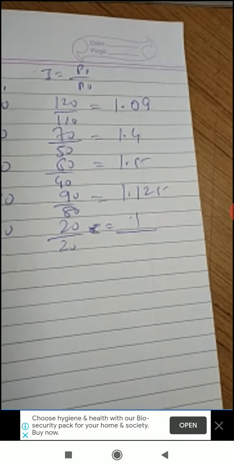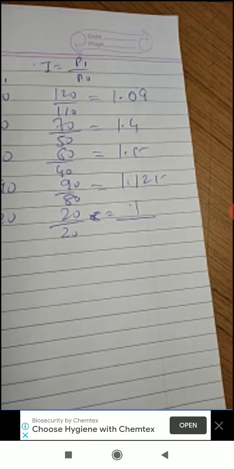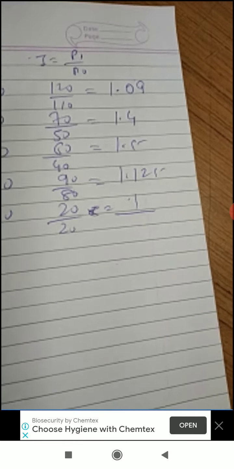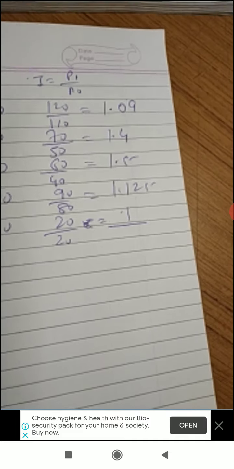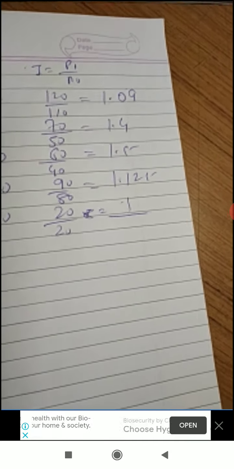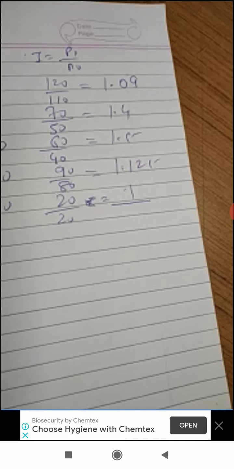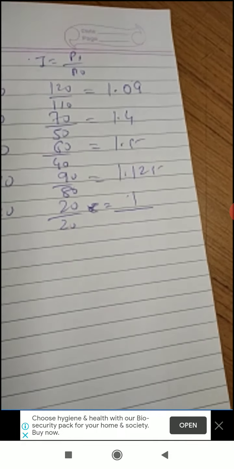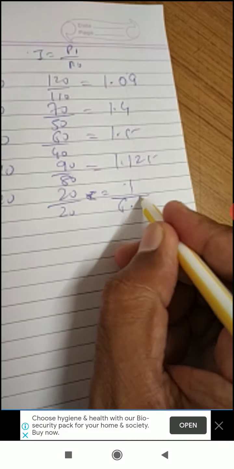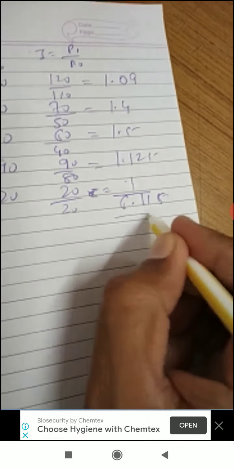Now add all these values: 1.09 plus 1.4 plus 1.5 plus 1.125 plus 1, value is 6.115, okay. So now here we have to find the general index number.